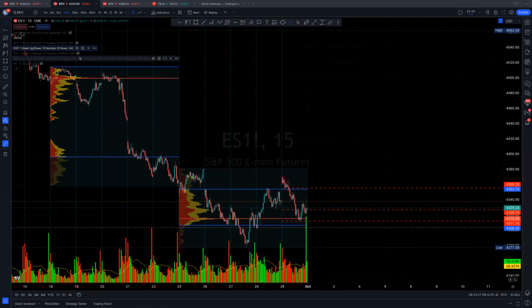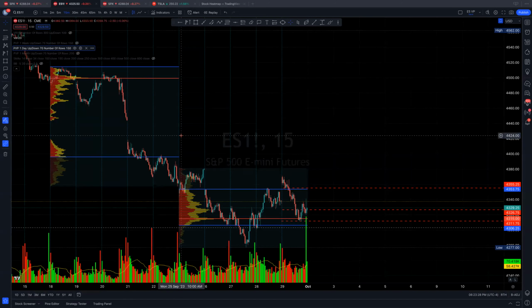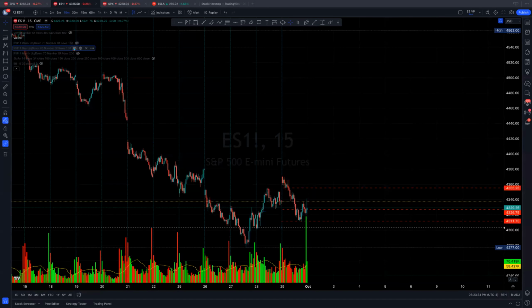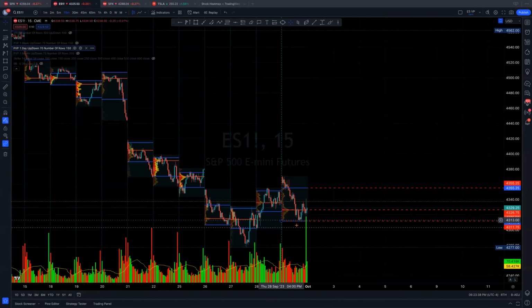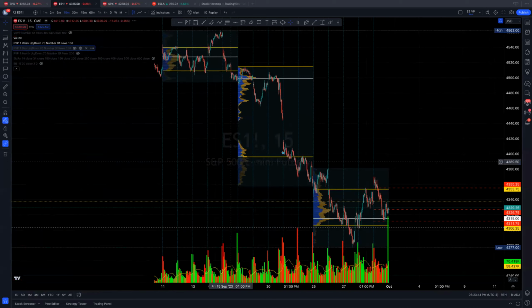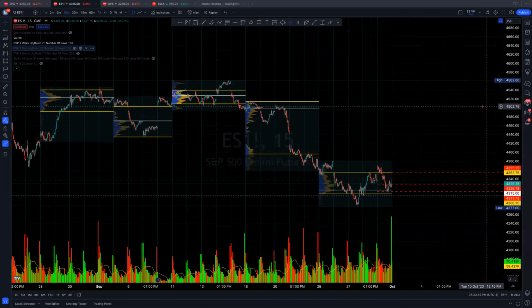And one way I like to set up my profiles is like this. It's just a default setting that I have for my charts. So I have the daily profiles here saved up, which we just saw. I have the weekly profiles, for those strong, very important levels on the weekly time frame.